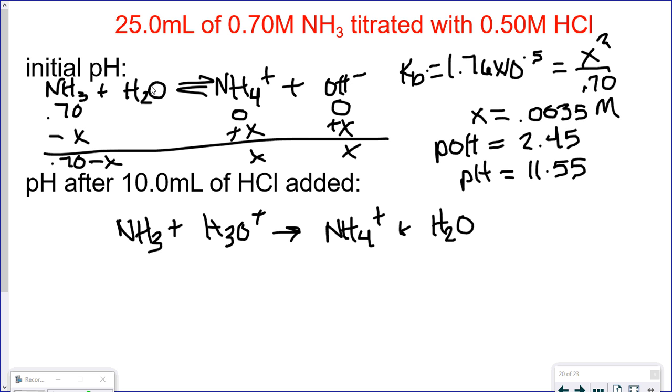So moles of ammonia, if we do the 0.70 molar times the 25 milliliters, is going to be 0.0175 moles. For the acid, same thing, find moles. We have 0.50 molar times the 10 milliliters, which is going to be 0.005 moles. And we had none of our products. The acid is the smaller value, so that will completely neutralize.